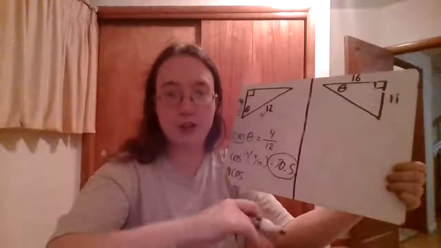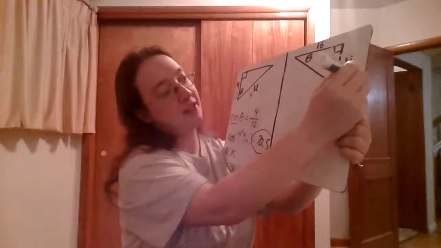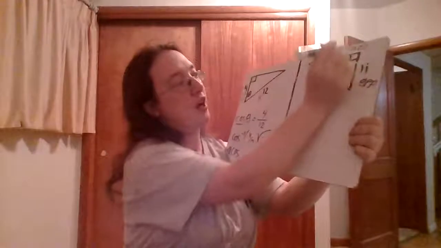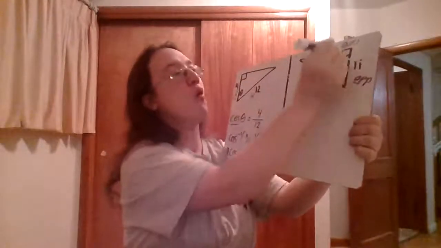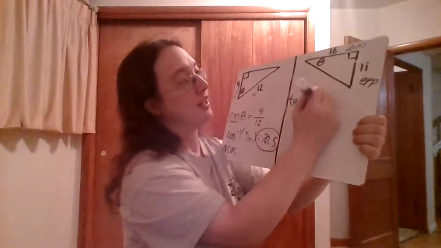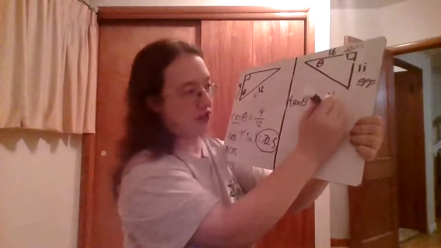And again, the big thing here is just figure out, do we want sine, do we want cosine, do we want tangent? So if we've got our opposite side, and we've got our adjacent side, so again, the OA part of SOH CAH TOA, so we want to say the tangent of theta is your opposite side, which is 11, over your adjacent side, which is 16.